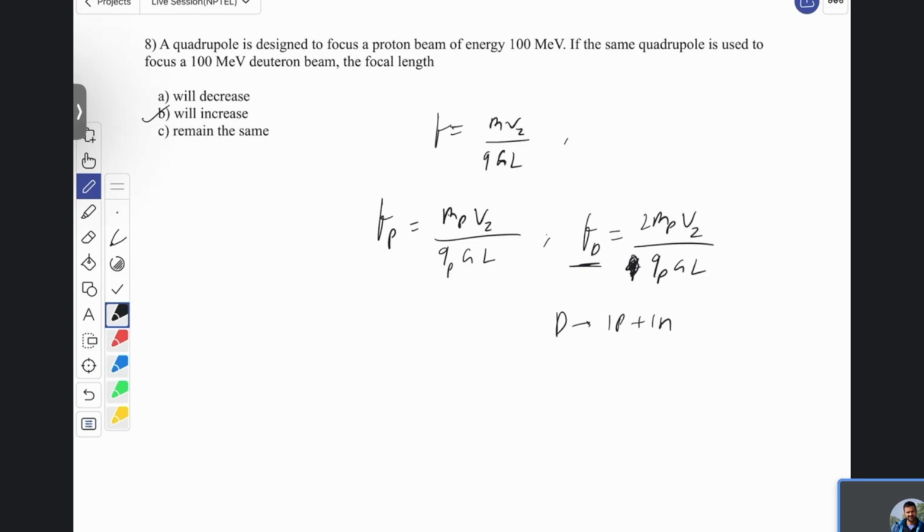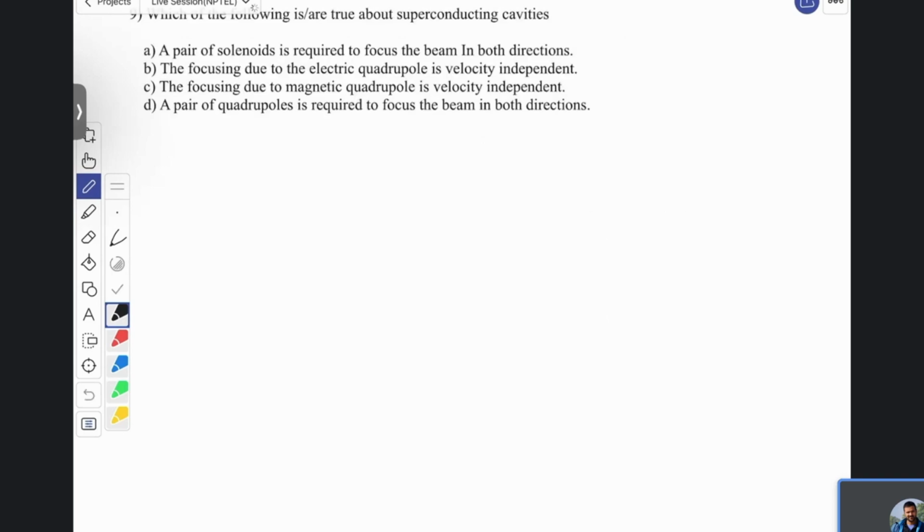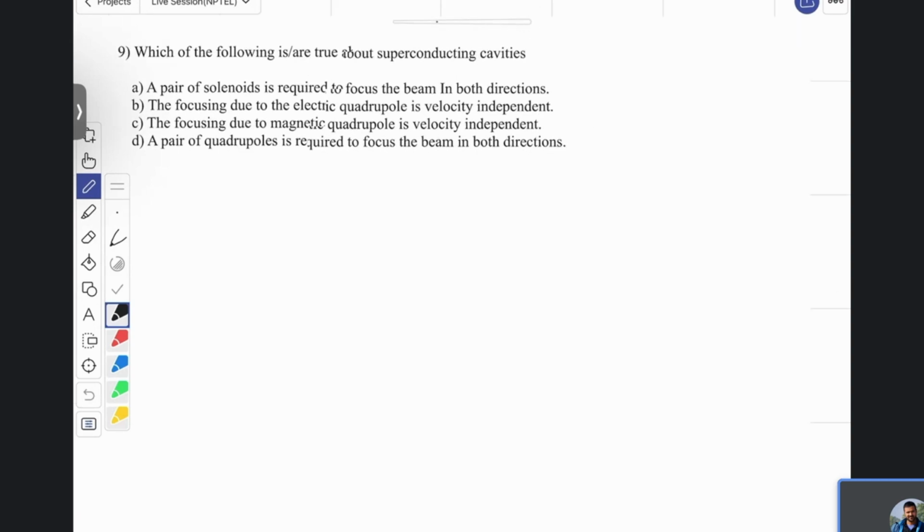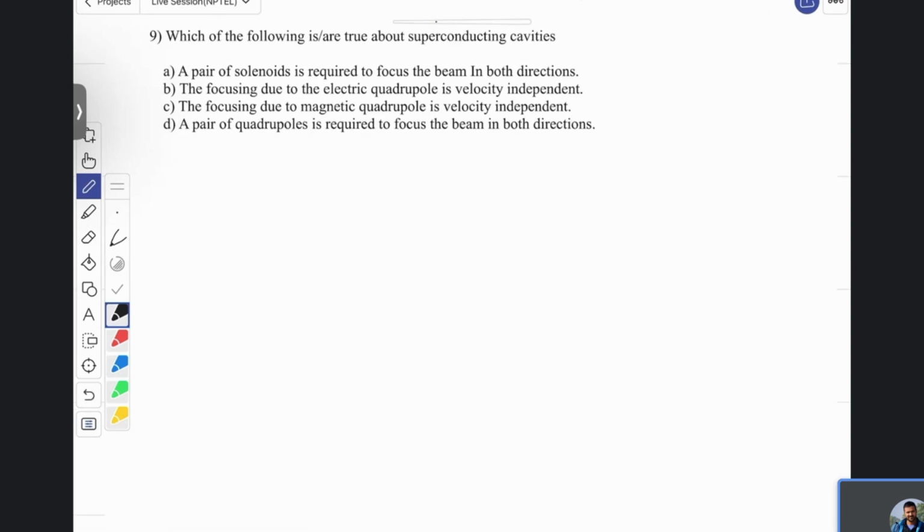Then we have the next question. Which of the following are true about focusing elements? The options are: the pair of solenoids is required to focus the beam in both directions. We don't need a pair of solenoids because a single solenoid is enough to focus.